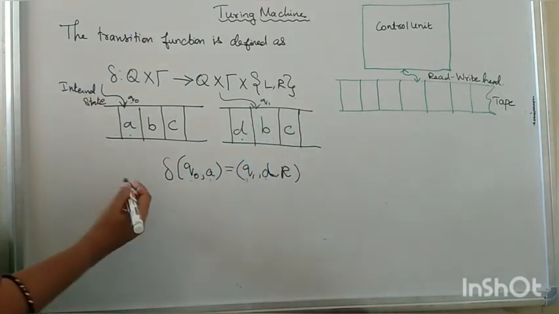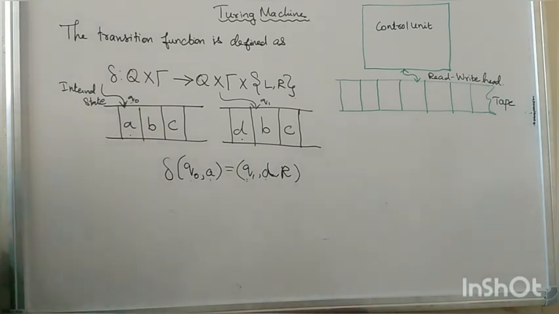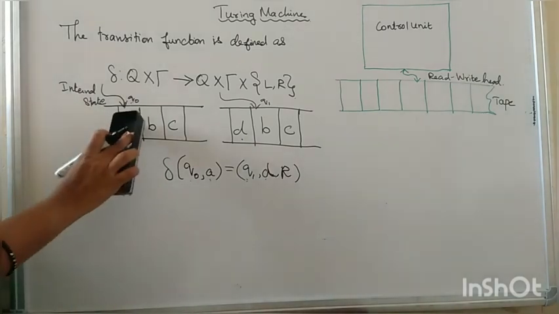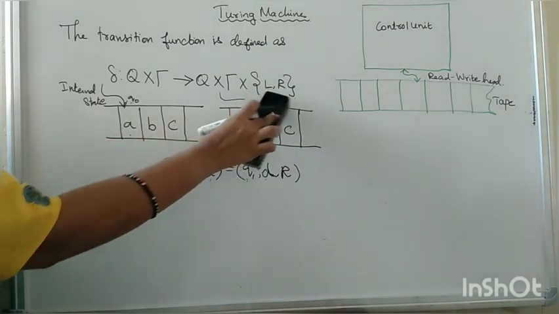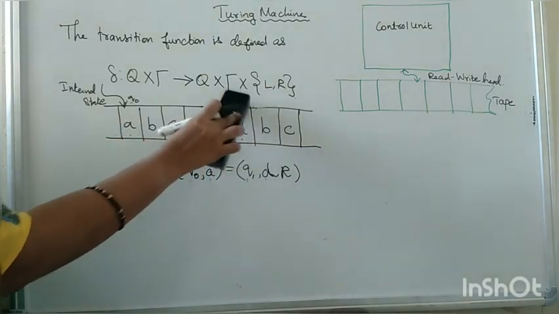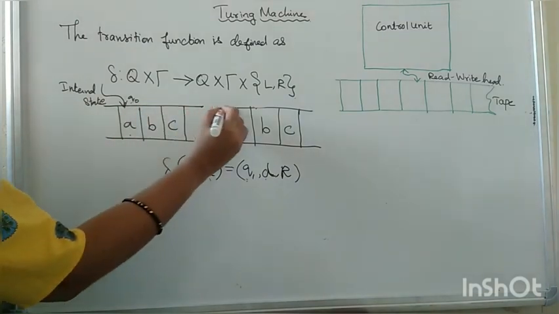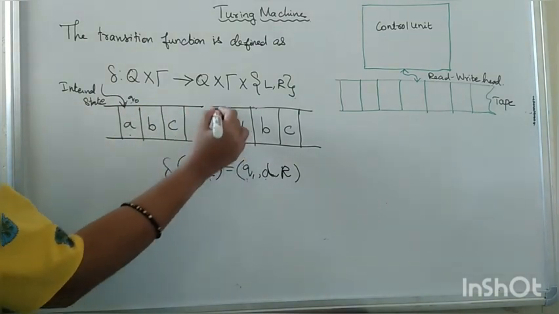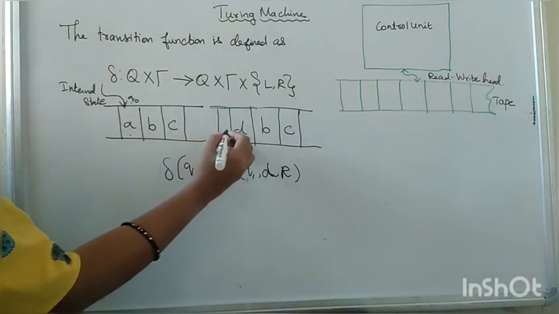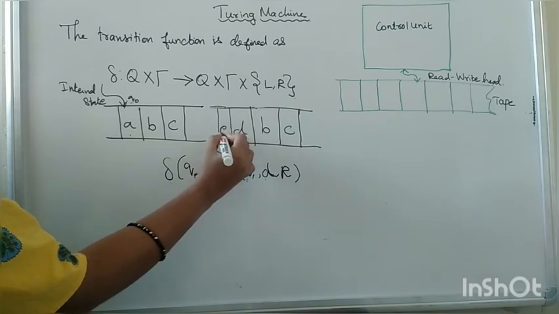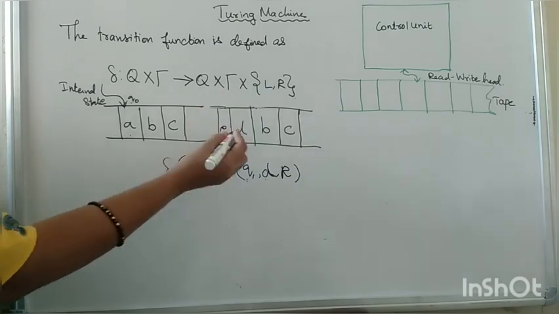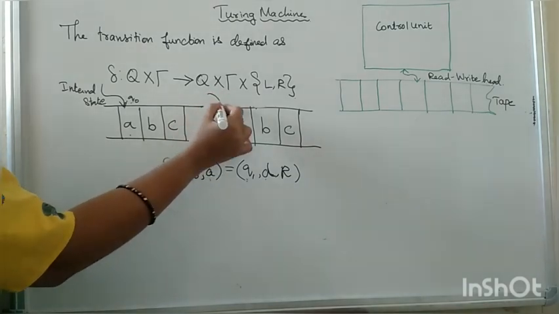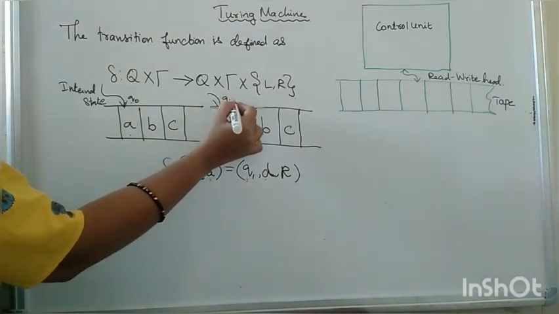And next, just as an example, we can change this one. Here I may give the tape symbol as E. This is Q1.